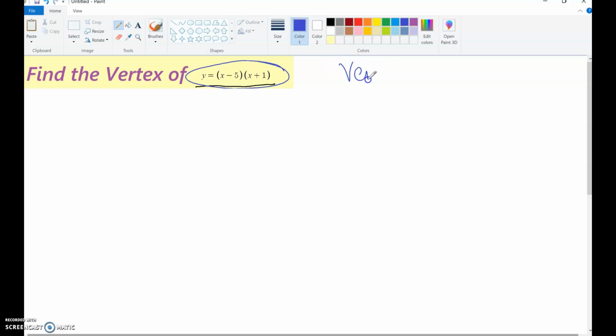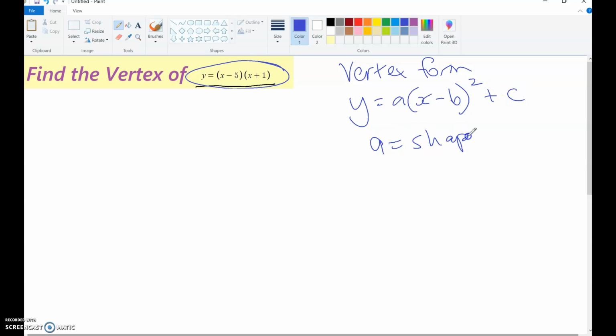So vertex form is y equals a(x minus b) squared plus c, where a is the shape and (b, c) is the vertex. So how do we do this?